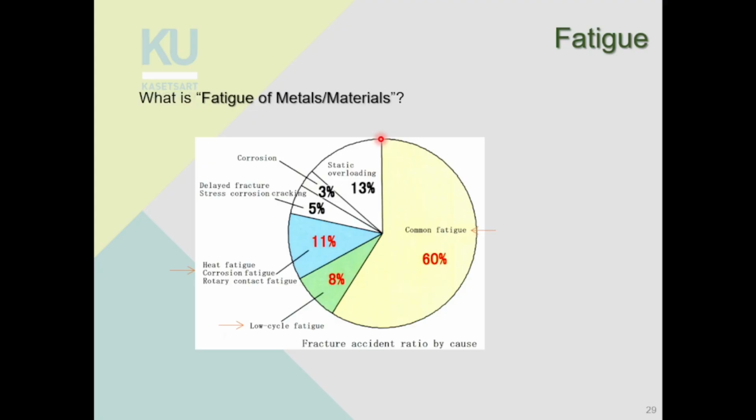That means engineers design components and structures really, really well. So only a small fraction of failures happen when the applied stress exceeds the strength of the structure. But what engineers didn't figure out was that the stress a structure or a component experiences is usually cyclic in nature.